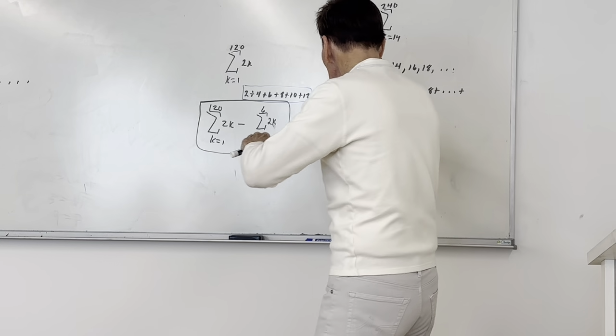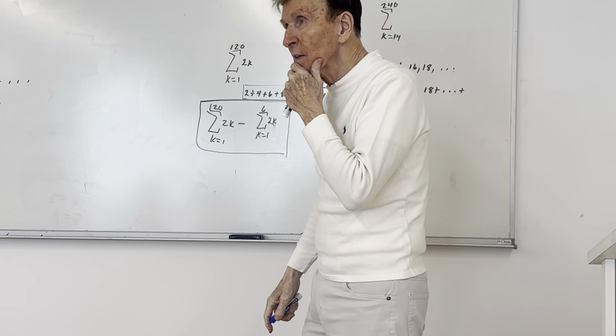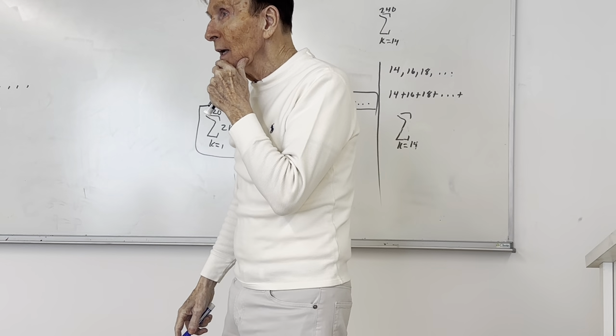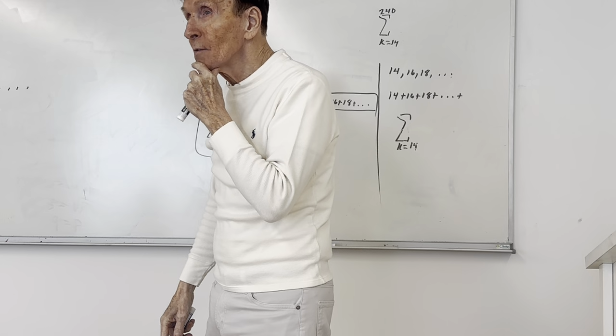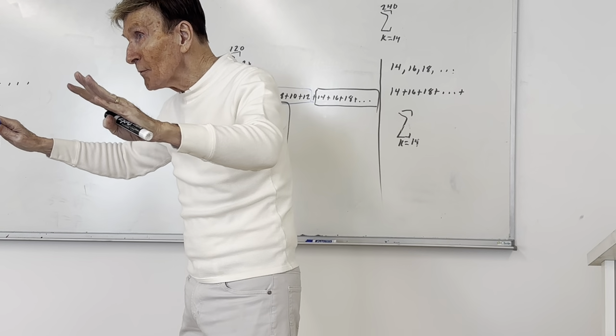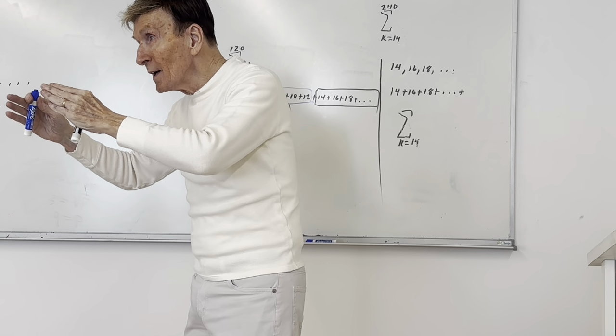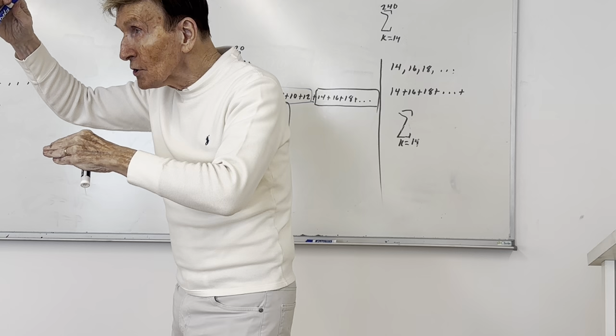What's my first term? 14? 1 up to, what, 6? No, then it would be up to 120. 120? So it might work. You said 2K plus 12. Gotcha. So you're saying, Professor, just write 1 sigma, get it out of the way, 2K plus 12, K is equal to 1 up to, what was that, 120?